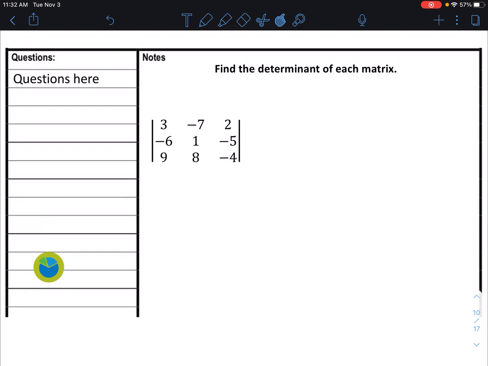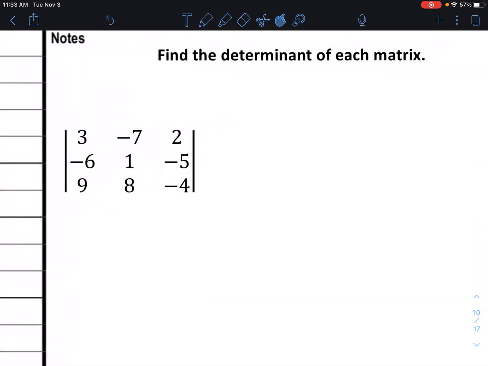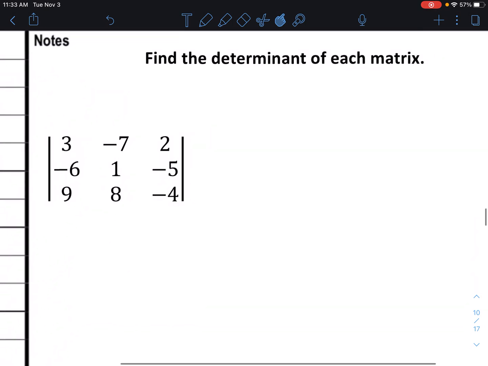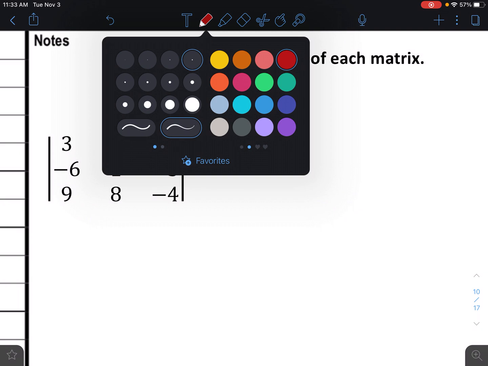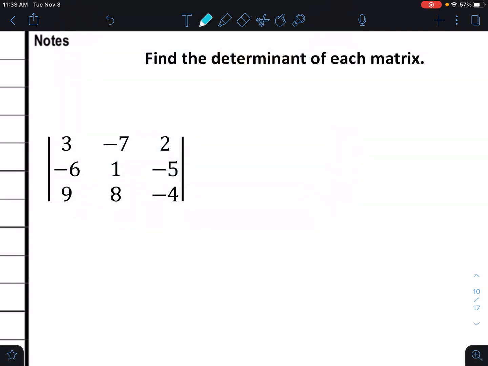So here is our next matrix. Once again, copy the first 2 columns.